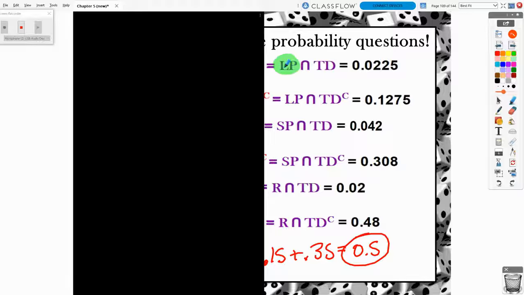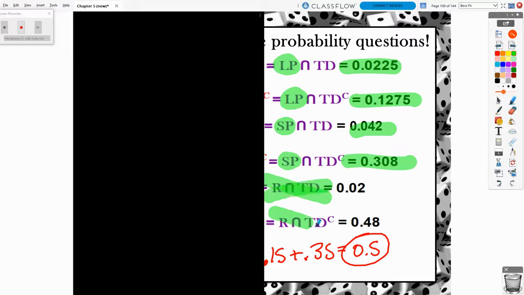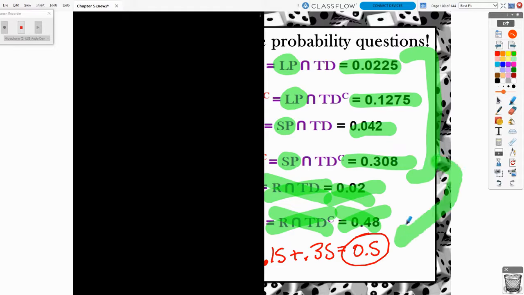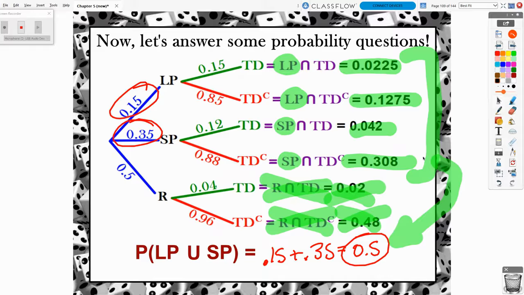Long pass, keep it. Long pass, keep it. Short pass, keep it. Short pass, keep it. Neither long nor short, neither long nor short, don't keep these. And if you add up all of these probabilities, what are you going to get? You're going to get 50%. So there's a second way that you could have gotten the final answer there.